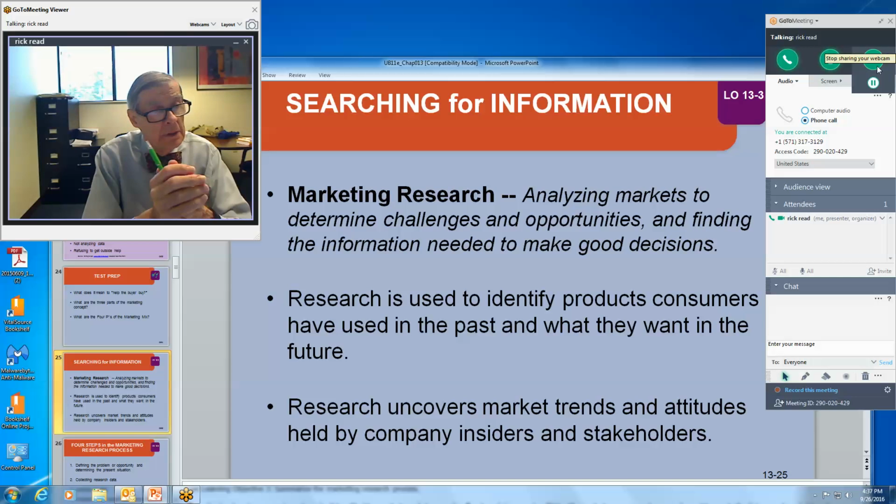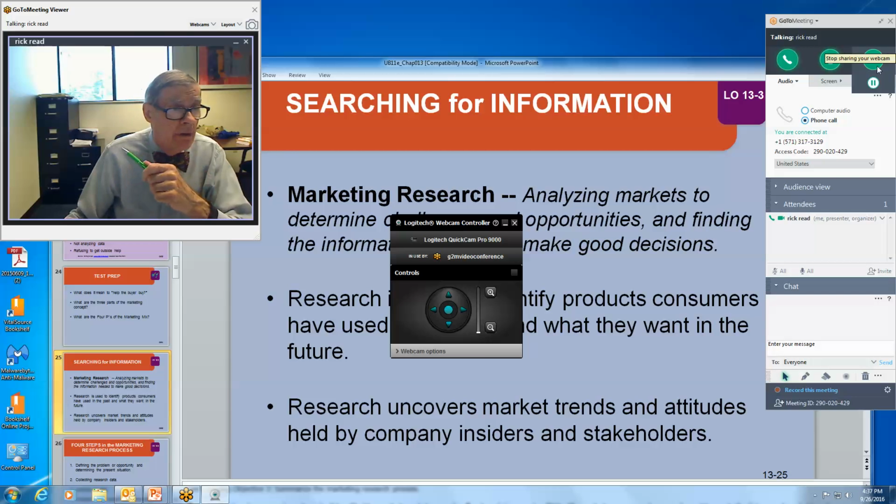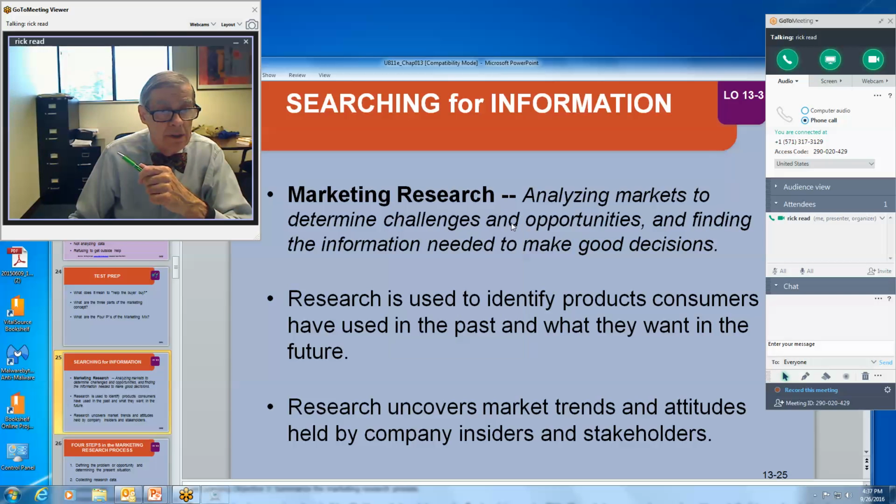Competitors, all sorts of things. And notice that it talks about challenges and opportunities. Now, if you move into uncharted territory, you should have unlimited opportunity. That does not mean you won't find challenges, but you should have unlimited opportunity.